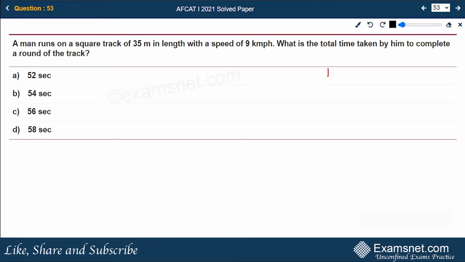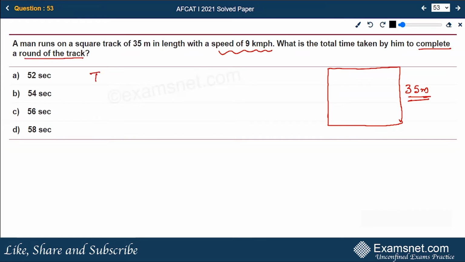Analyzing this problem, there is a square track. So each side is 35 meters on this track and he is going with a speed of 9 kilometers per hour. So first of all, he has taken a complete round of the track.